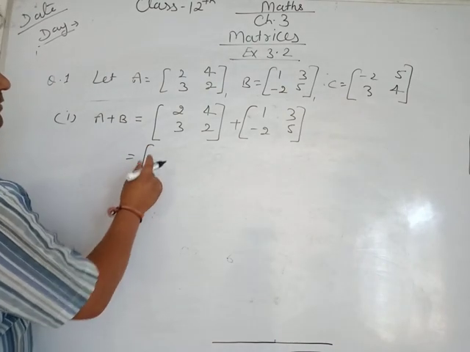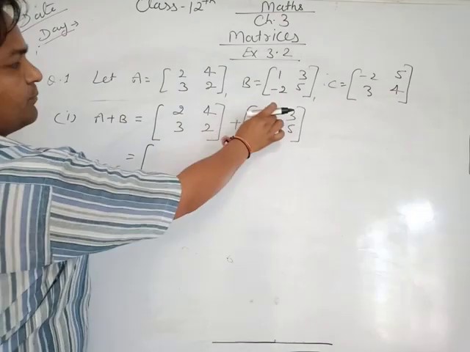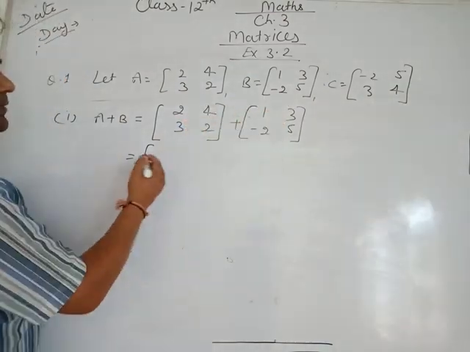Corresponding elements means the first element of this plus the first element of the second matrix.